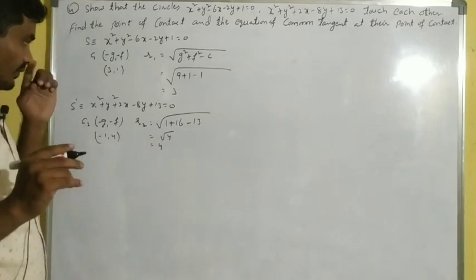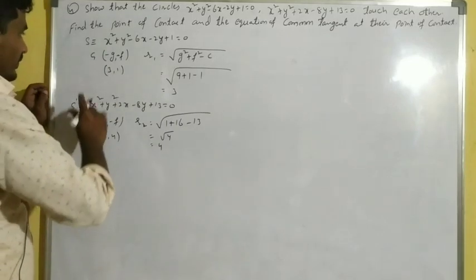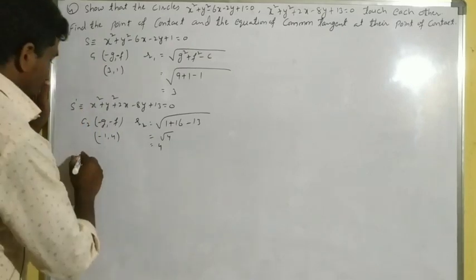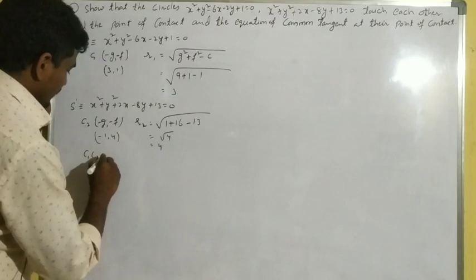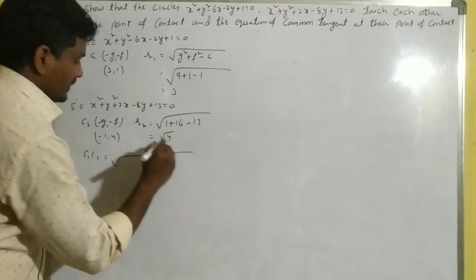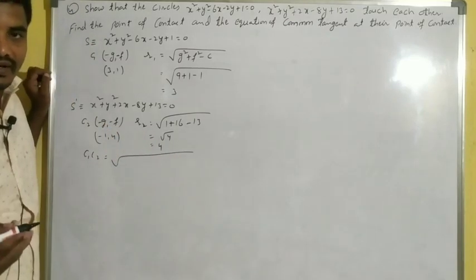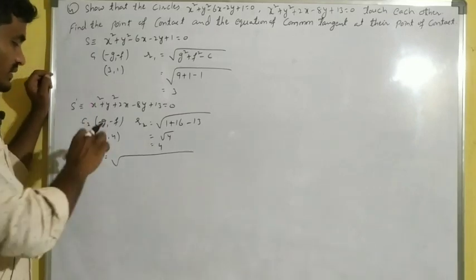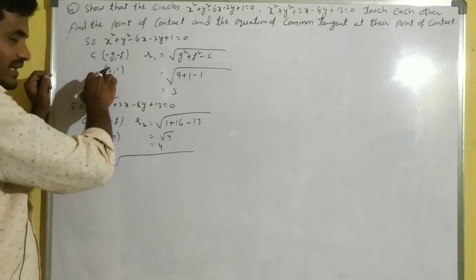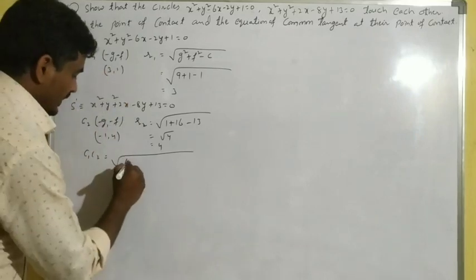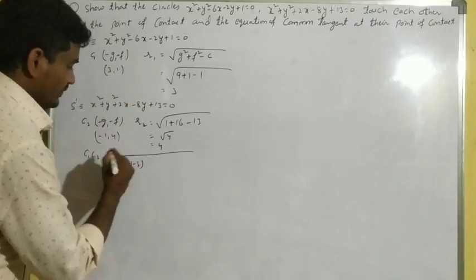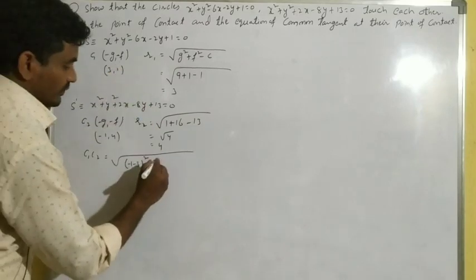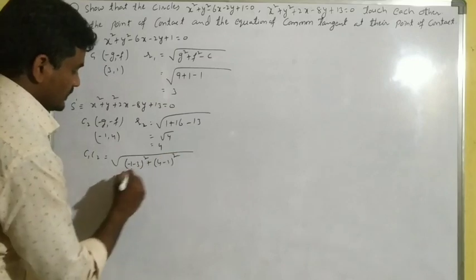So finally, next I am going to find the distance between both centers. That is C1C2 equals the square root of the distance formula, (x2 minus x1) whole square plus (y2 minus y1) whole square. Taking this as x2 and this as x1, that is minus 1 comma minus 3, whole square plus (4 minus 1) whole square.